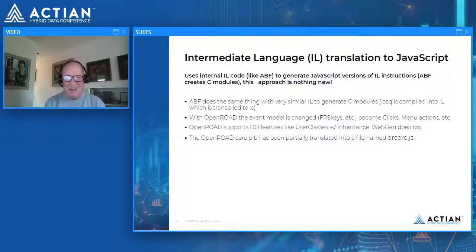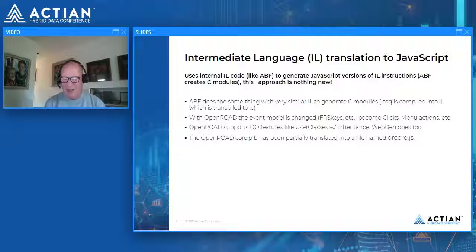So essentially, with WebGen, you take the 4GL as typed in, and it gets merged with the symbols from the frame. These are all derived from the frame source for the OpenROAD frame. The OpenROAD frame source not only contains the scripts, basically the 4GL, and the hierarchy of fields, it also has IL.